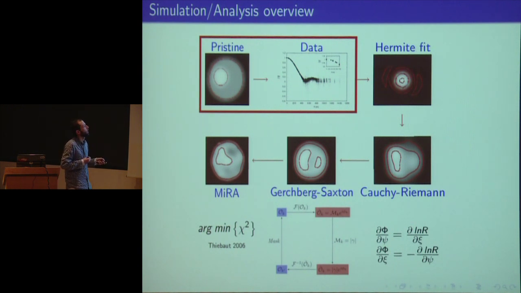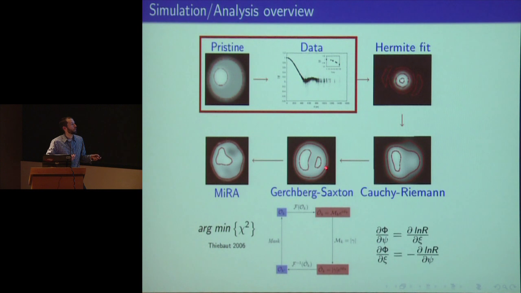For example, here the constraint is that from the Fourier magnitude data, I already know the size of the star. So you can say that anything outside of a certain radius is 0, and therefore you already improve your image a bit.